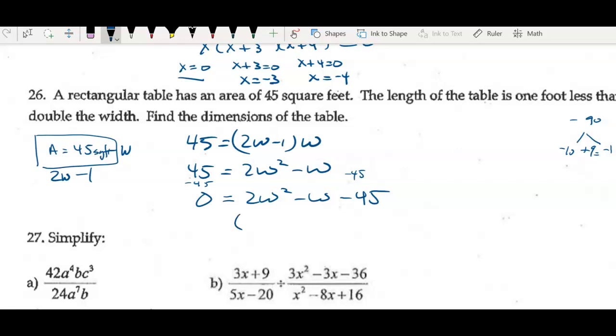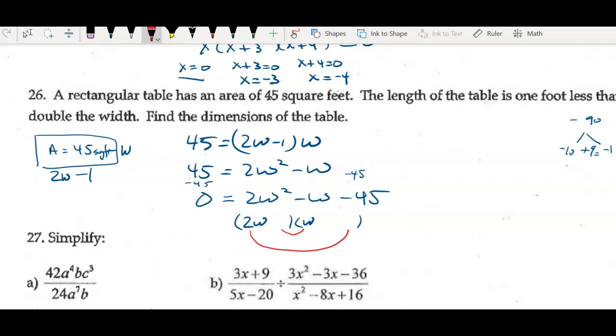Or if you're moving on in pre-calculus and calculus, get used to doing this quickly. Here's why I say you can do this one quickly. 2W squared can only be broken up into 2W and W. So all we need to do is figure out some factors of 45 that, when I work them out, this times this and this times this gets me to -W.